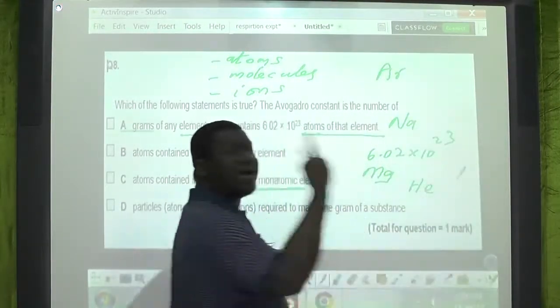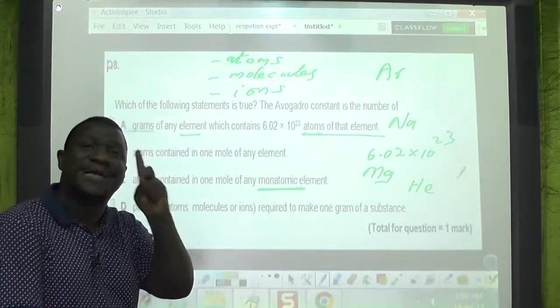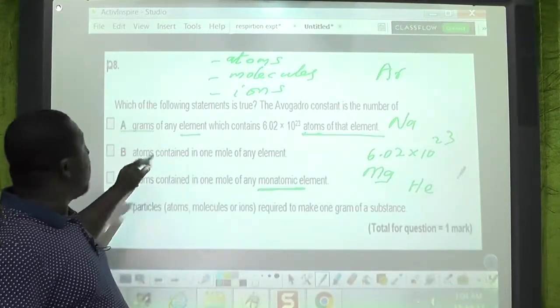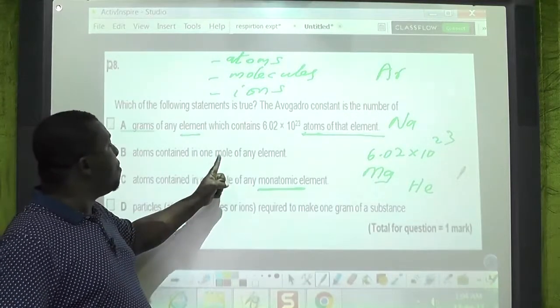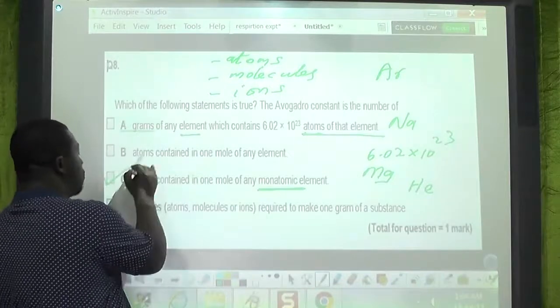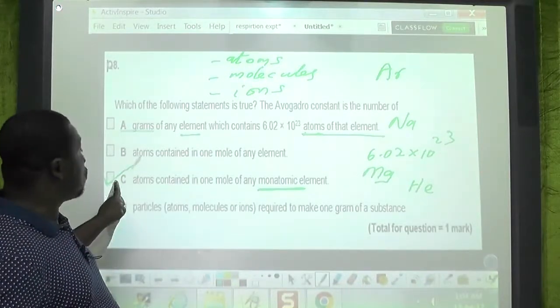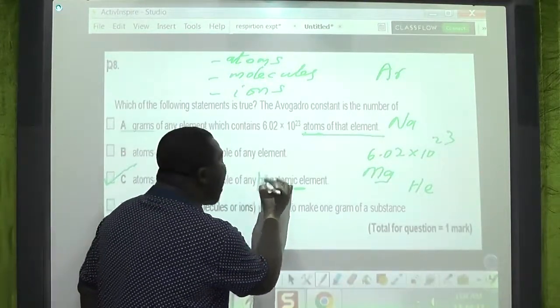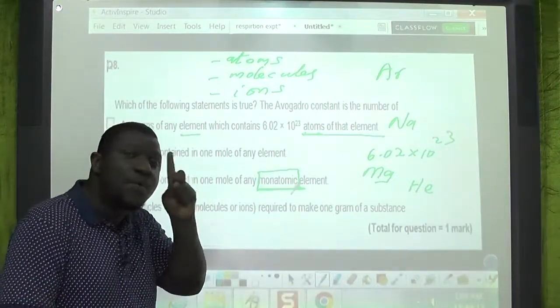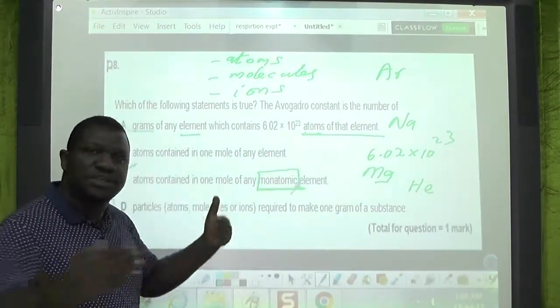For all monoatomic elements, any element that has 1 atom as its unit, the number of atoms in 1 mole will be Avogadro's number. For now, this is correct, because they mean monoatomic elements that have only 1 atom as a unit, not a molecule.